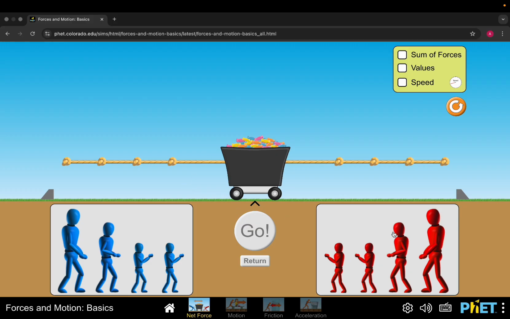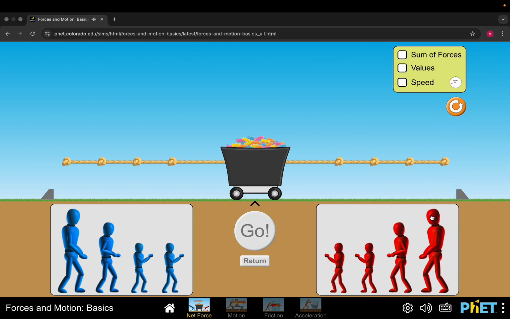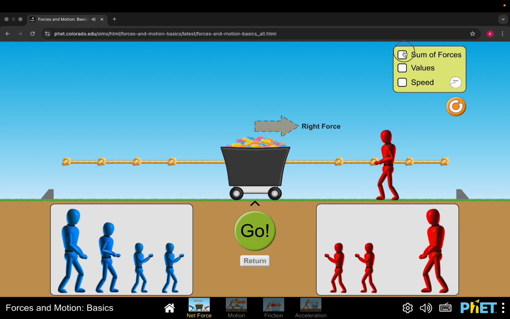So here we see that we can put two teams pulling the rope. Each side applies a force. So the net force is the total force after combining both sides. Let's add this guy right here, and he's applying 100 newtons to the right.